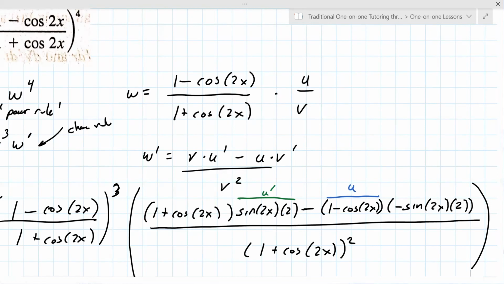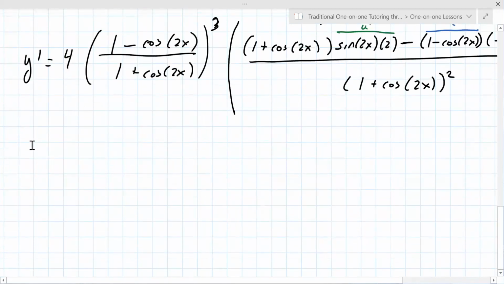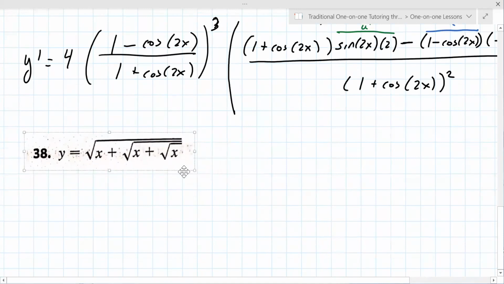Okay, to check if you understand this, 38 is a good one to do because it's really weird, but it's a repetitive chain rule. One of the things I would do with 38, and you're always allowed to do this, is write it out again. So it's x plus x to the 1/2, because my outside thing is going to be to the 1/2 power.